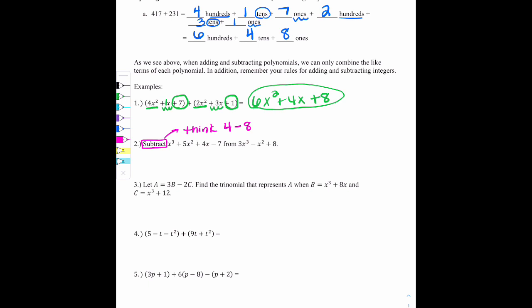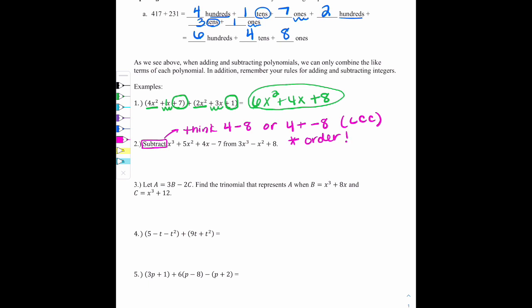And then from your integer rules before, remember, you would change that to addition. So you would leave 4, change subtraction to addition, and make 8 the opposite of what it was. So you might have seen it referred to as leave, change, change. We are going to do the same thing for our polynomials. So I want you to put a little star there and remind yourself that the order matters here.